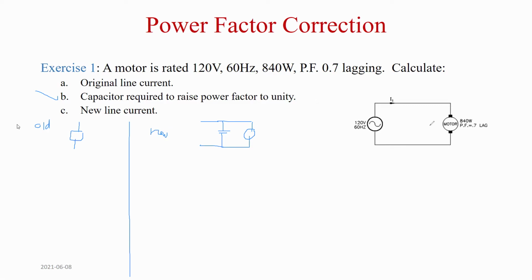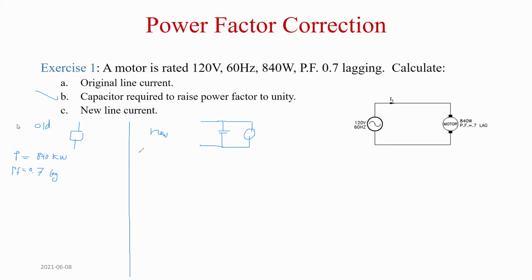The old, before, they give you the power 840. They give you the power factor 0.7, lagging. So if it's lagging, we need the capacitor.